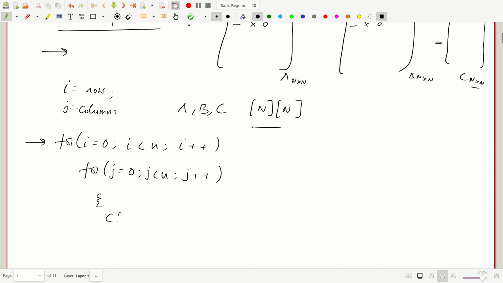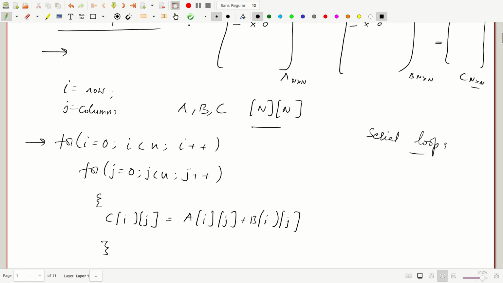Then you can write C of ij, the summation matrix, equal to A of ij plus B of ij. That is your regular serial for loops to add elements of the matrices and store them in the final summation matrix.